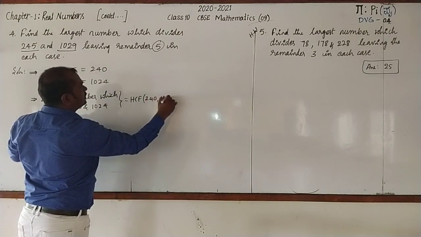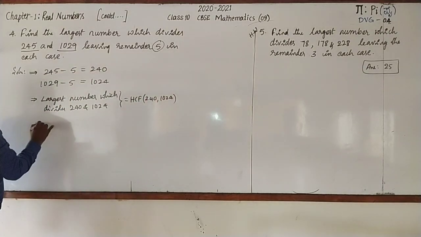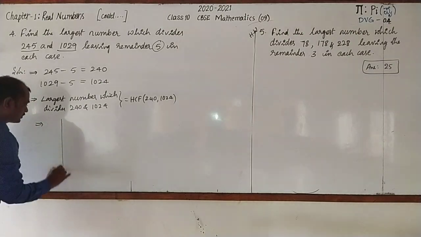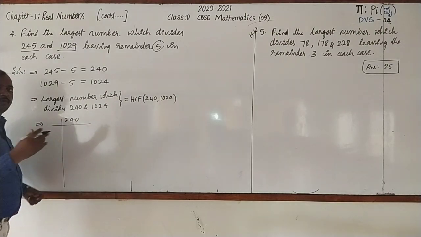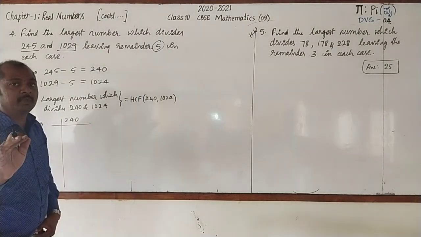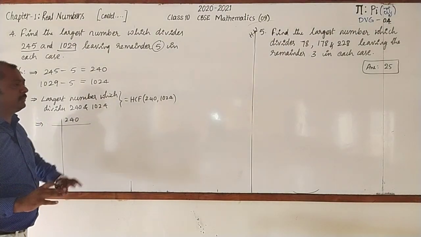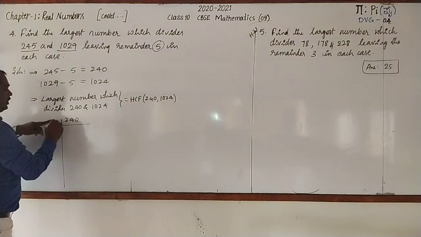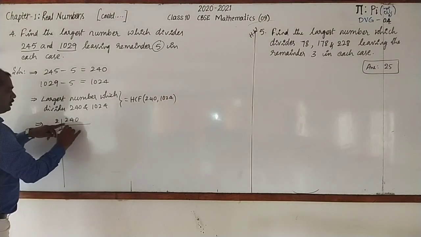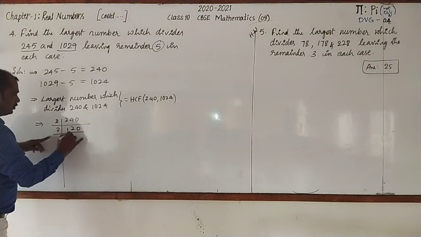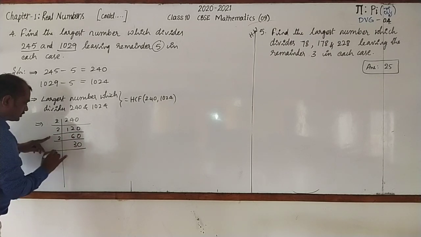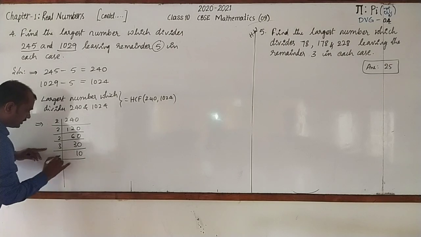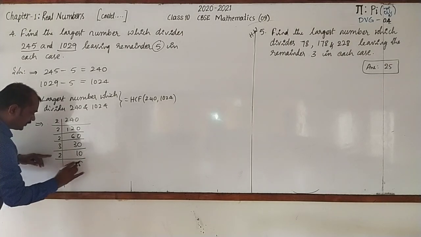You know how to find that. Let us go for finding the prime factorization of both. For 240, you can go for either the Euclid's division lemma method or the fundamental theorem of arithmetic, anyone. Here, 2 1s are 2, 2 2s are 4, 2 6s are 12, 2 3s are 6, 3 10s are 30, and 2 5s are 10.